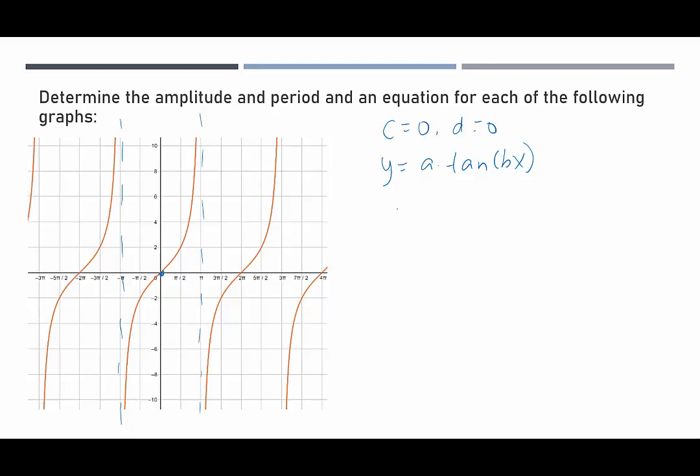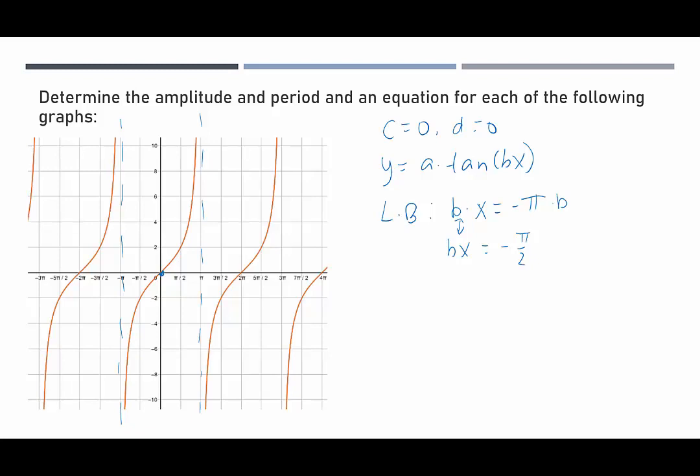I figured out b a little bit sneakily is what I did. So I'm going to talk about the lower bound here. The lower bound, the x asymptote, is x equals negative pi. The other thing I know is that in the equation, bx plus c, but since c is 0 I can forego that, has to equal negative pi over 2. So what this indicates to me is I need to work with these two equations to figure out the value of b. And so what I did is I took this top equation and I multiplied both sides by b. And the reason I did that is because now these match.